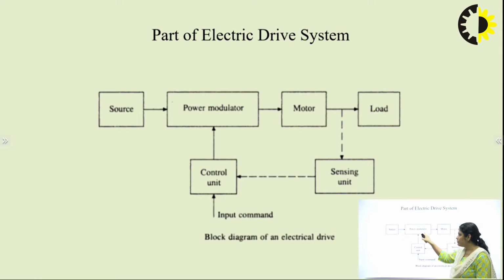Then the power modulator, and this is the motor, and this is the load. To drive this load, this arrangement has been made to fulfill the load requirement, so that we can run the load efficiently with higher efficiency and lower losses, right?